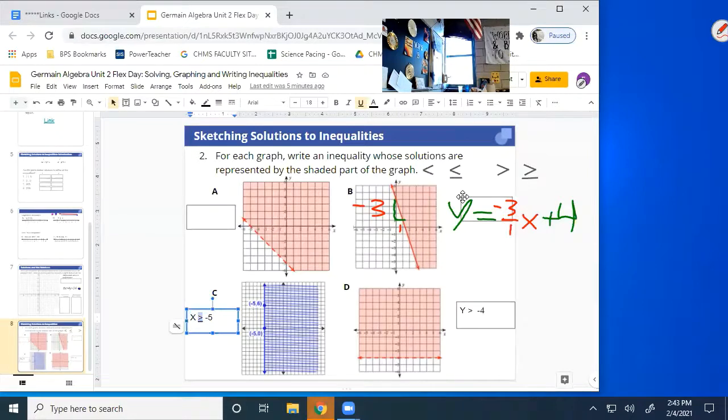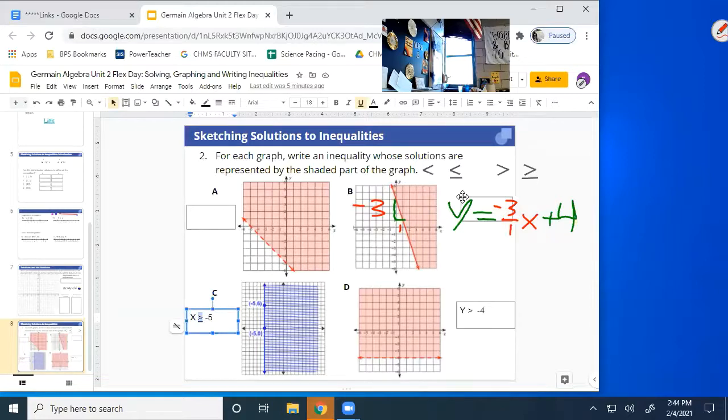Okay, so we wrote it as an equation. Now we need to convert it into an inequality because it's shaded. We need to think about the y values, the solutions. Are they larger or less than those x values?